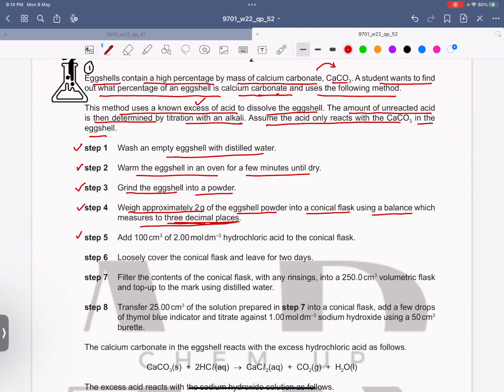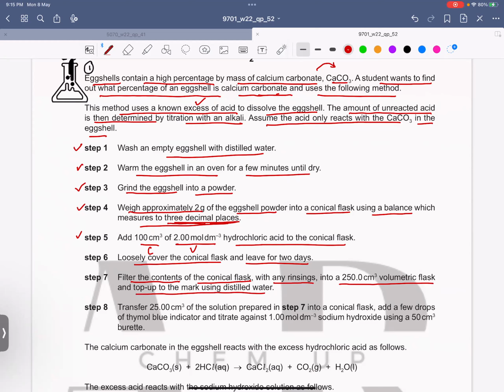Now in step number 5, add 100 cm3 of 2 mol per dm3 hydrochloric acid to a conical flask. Okay, so we have a concentration of acid and a volume of acid. Loosely cover the conical flask and leave for 2 days. Filter the contents of the conical flask with any rinsings into a 250 cm3 volumetric flask and top up to the mark using distilled water.